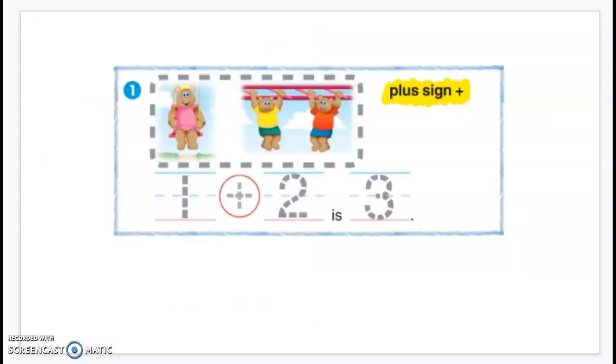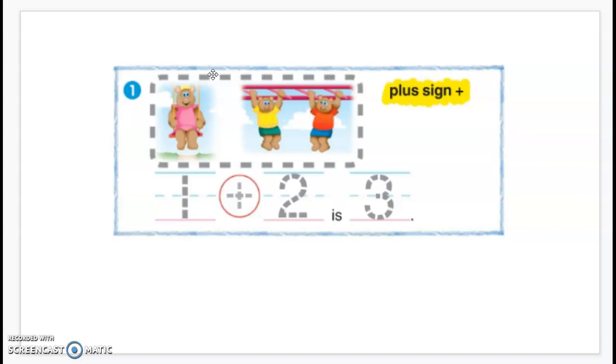So for question 1, we're going to look at the pictures that they give us, and then we're going to write the numbers that we counted and the plus sign. So how many bears are in the first group? There's only 1. How many bears are in the second group? 1, 2.